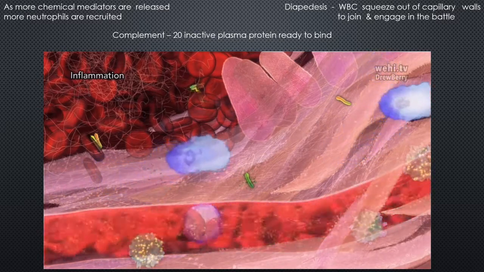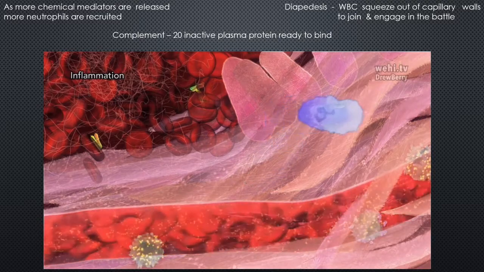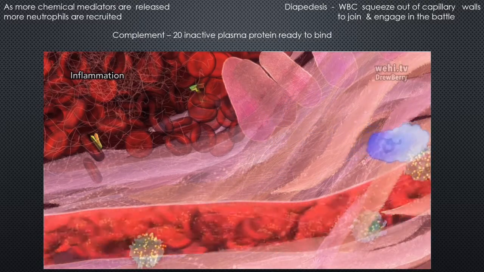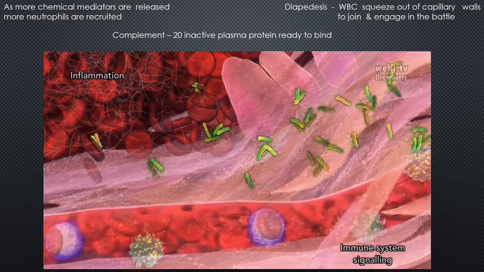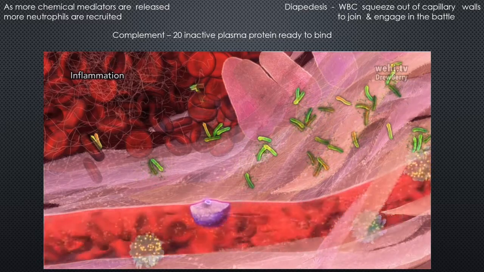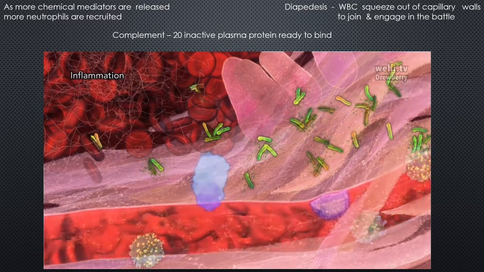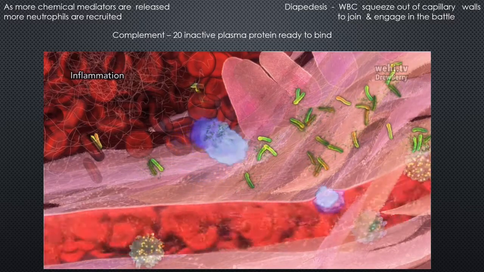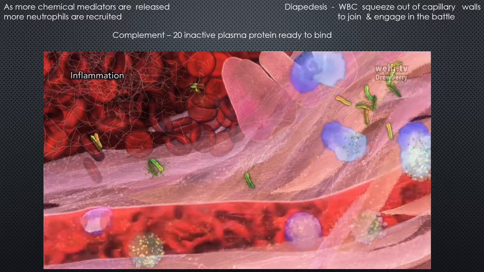Much more, they are being reinforced by the complement, which are 20 inactive plasma proteins ready to bind and attach to any foreign cell, bacteria, or RBC to be activated and play a major factor in the fight. They amplify the inflammatory response.